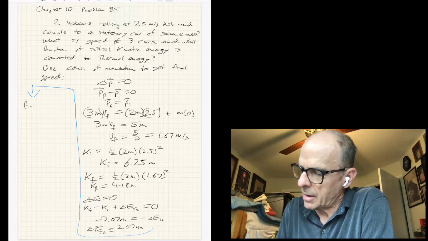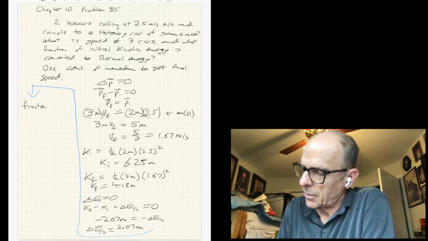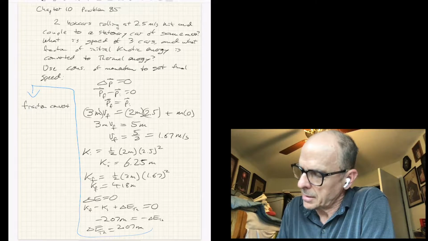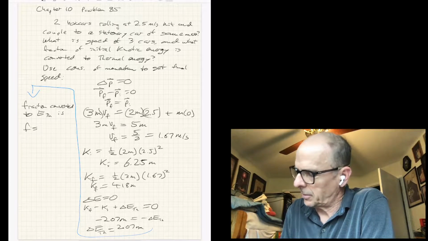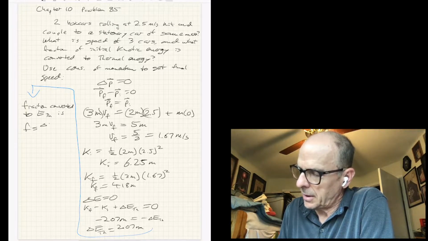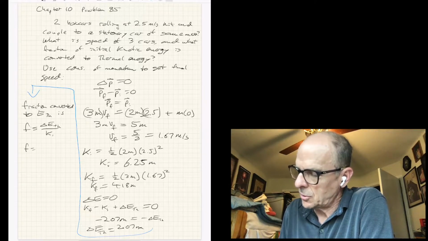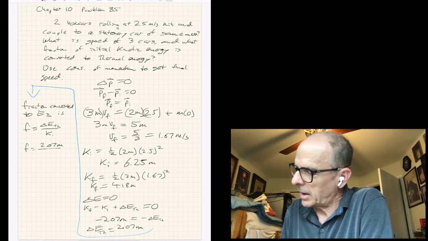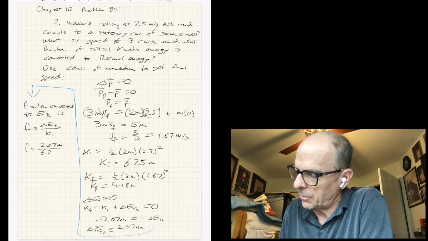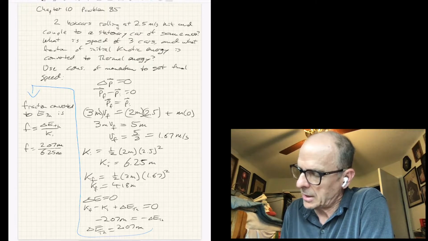The fraction converted to E thermal is F equals delta E thermal divided by the initial kinetic energy. That's 2.07 m divided by 6.25 m, and the m's cancel.